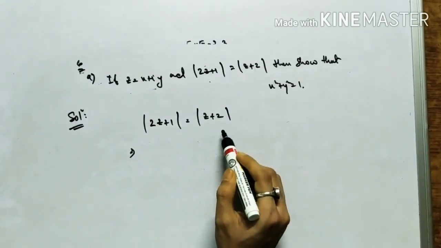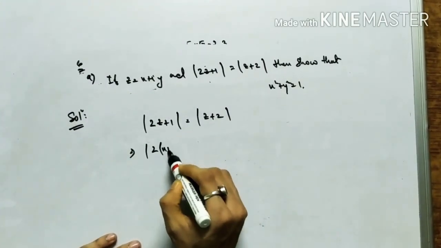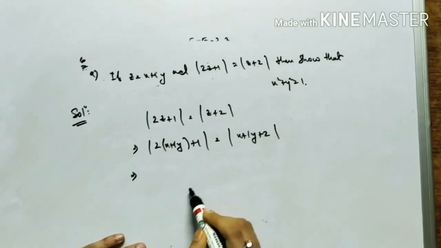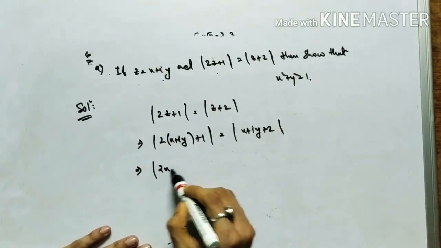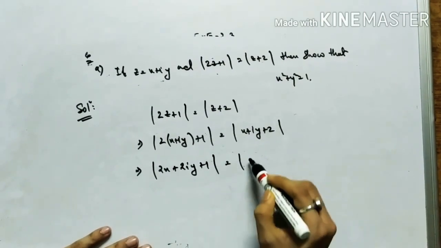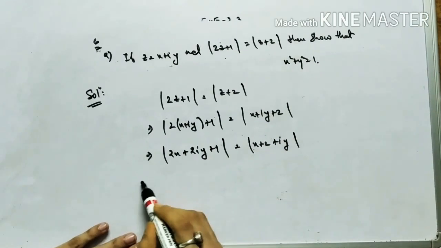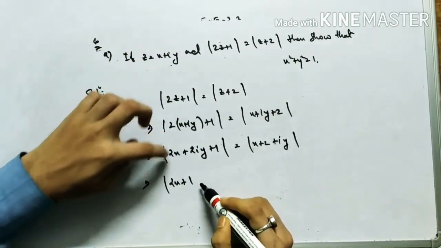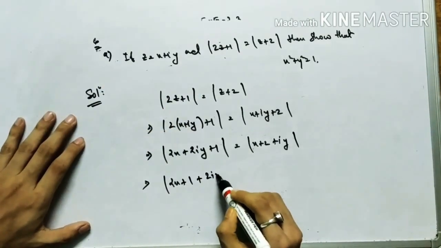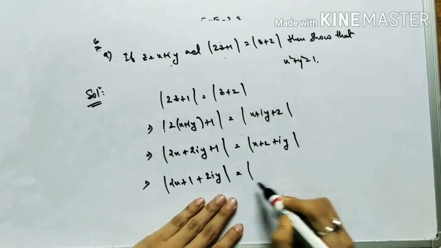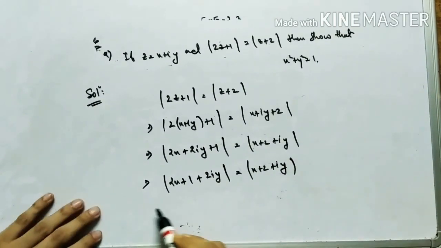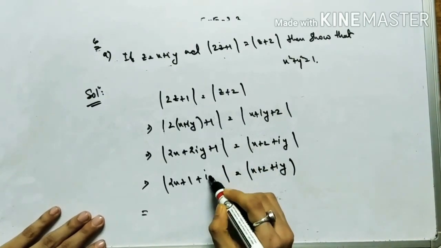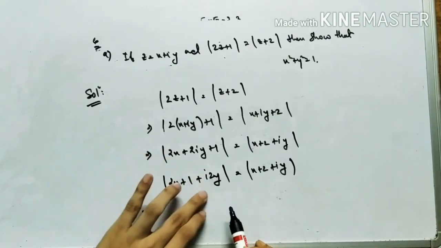Now z is x plus iy, so 2x plus 2iy plus 1 equals x plus 2 plus iy in modulus. The real part is 2x plus 1, and 2y is the imaginary part. On the other side it is x plus 2 plus iy.